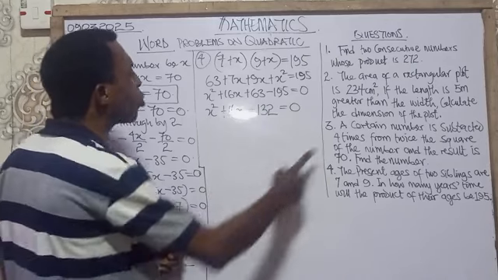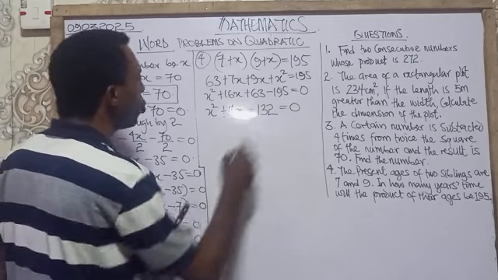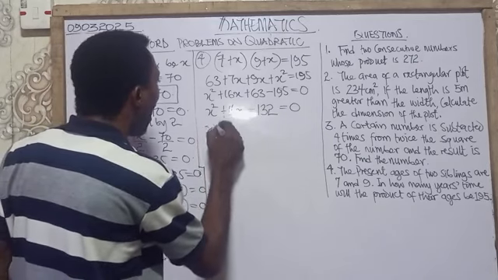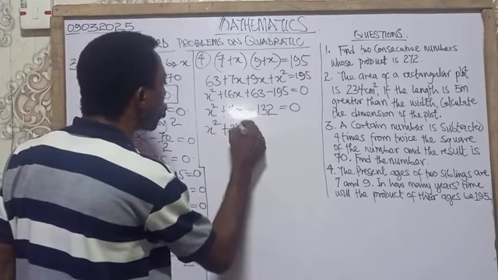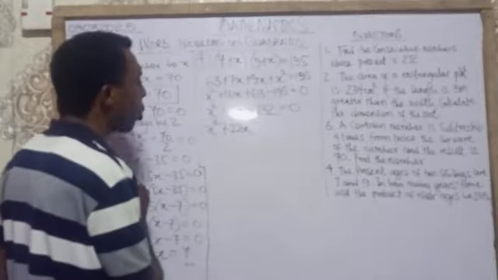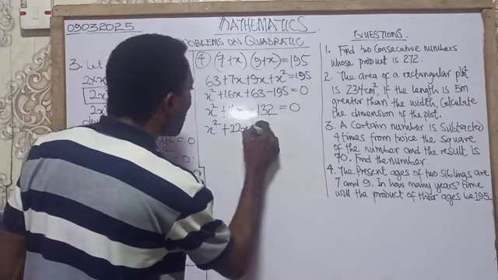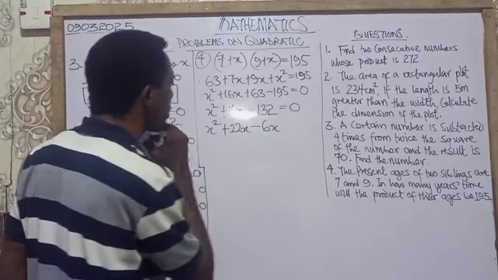So when you multiply it together, it will give you 132. So we have x squared plus 22x. That's what we have. Then minus 6x.